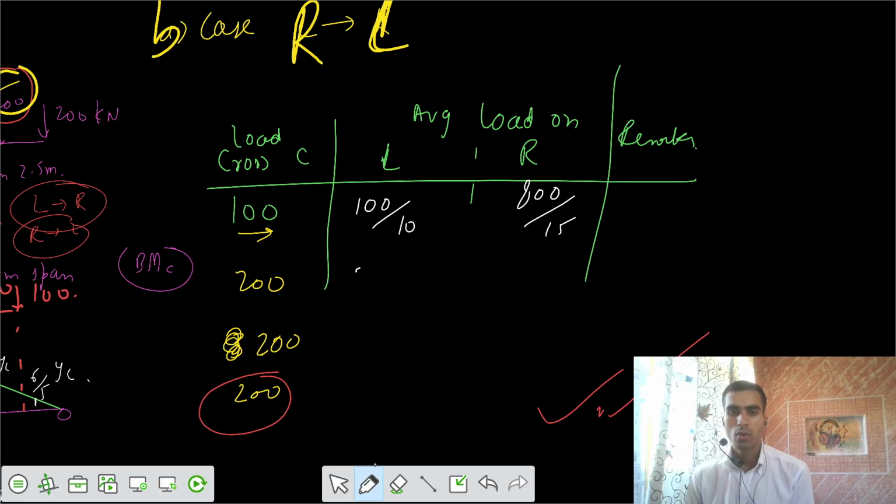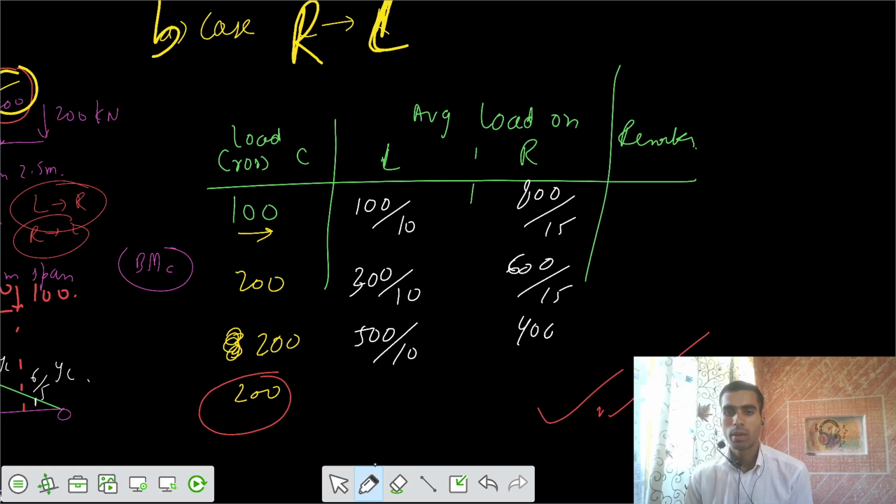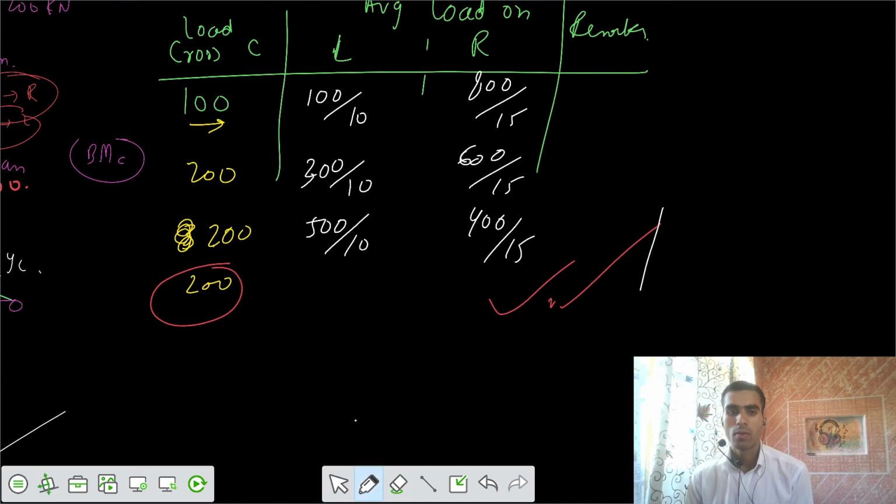And for the second load, when you transfer it, the load on the left would be equal to 300 by 10, and from this side we have 600 by 15. Similarly, for the next load we have 500 by 10, and from this side we have 400 by 15. And for the last 200, that is the third load, if we transfer this one, we have 700 by 10, and from this side we have 200 by 15.